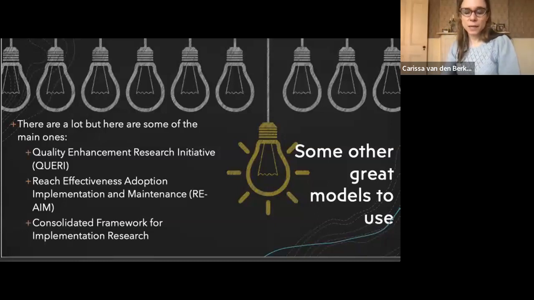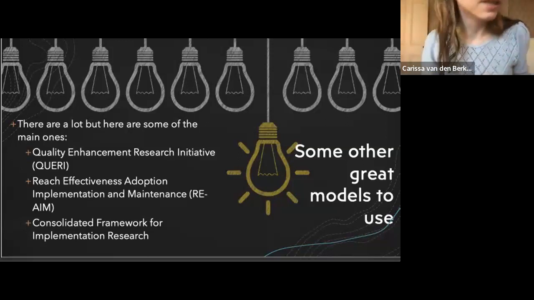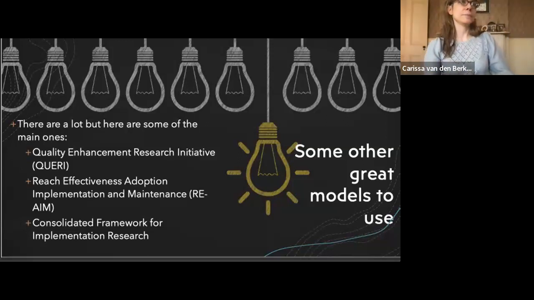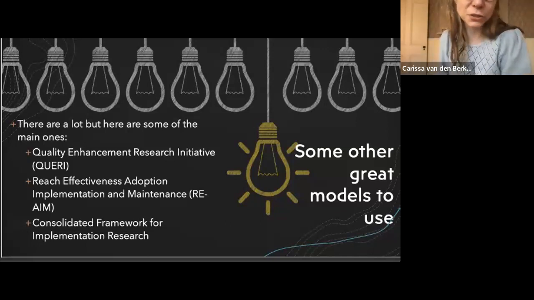Then finally, a more recent model, which tries to cover everything. It's a model that, if you have a really large, complicated issue, and you have resources to have investigators and analysts look into it, is the Consolidated Framework for Implementation Research.